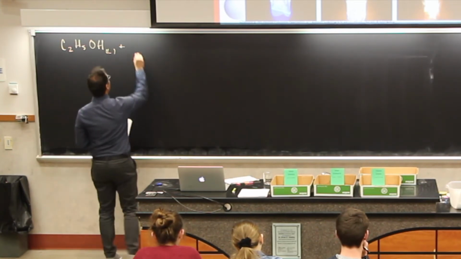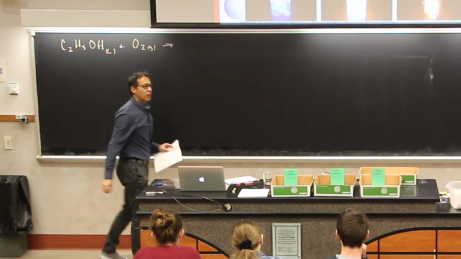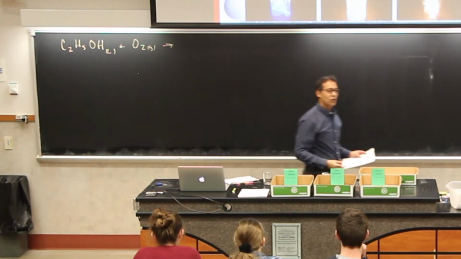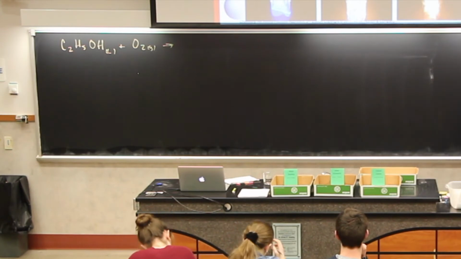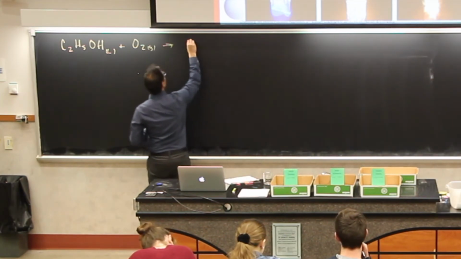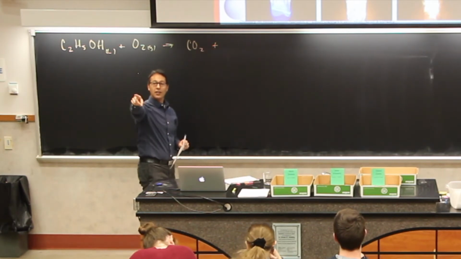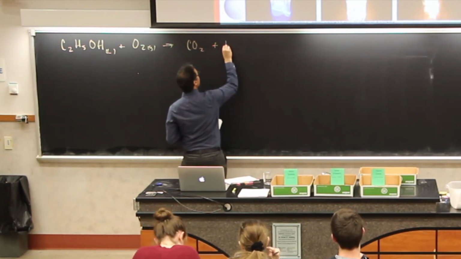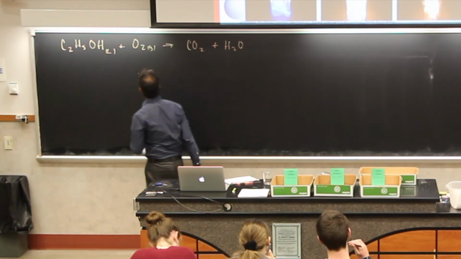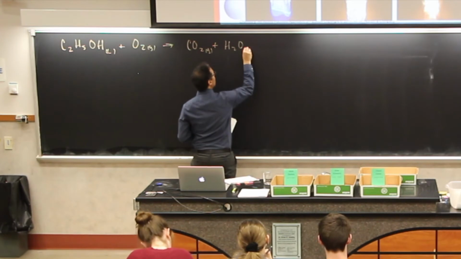We're going to react that with oxygen. It's an O2 gas. And then we end up producing combustion products. So one combustion product would be carbon dioxide, and H2O. Now it's going to be a gas. This will be a gas, and that'll be a liquid.